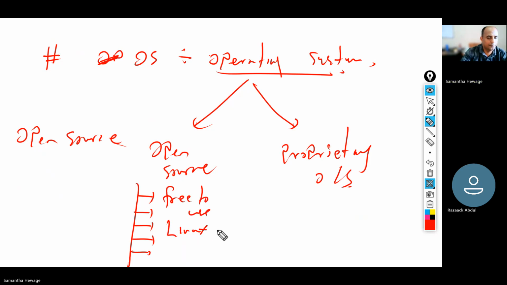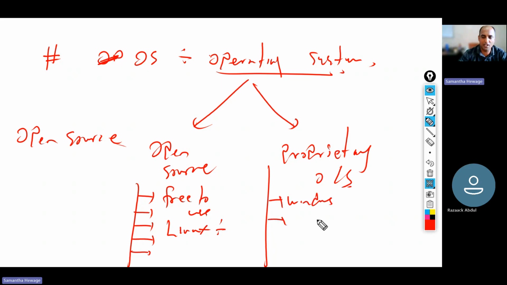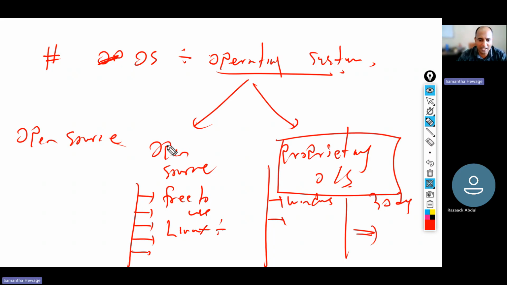But Windows is not free to use, Puti. It will give a trial version, but after 30 days you have to get a license. Otherwise, they will disable the main functions of the operating system. They say that Windows is not genuine because you didn't get a license. This is the main difference: this is a commercial product.